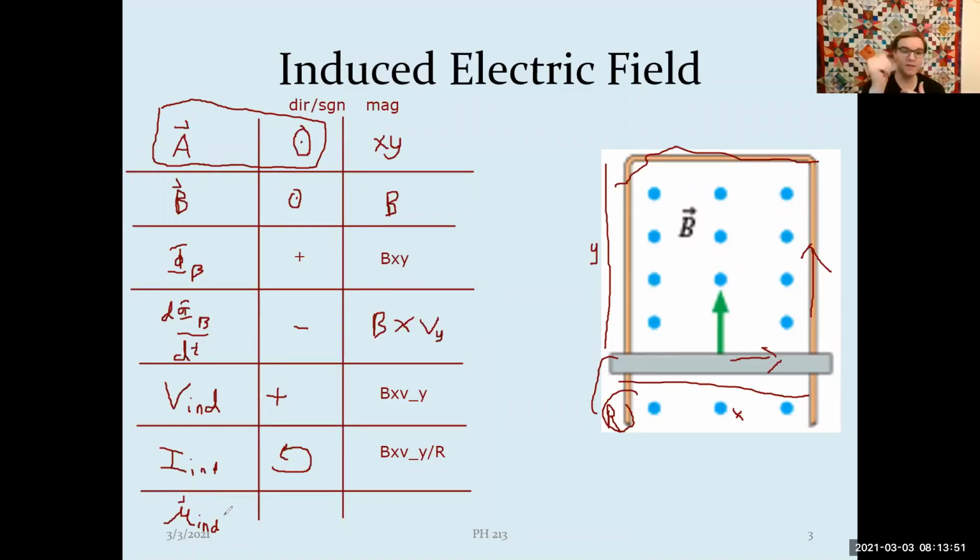Here I have a positive current going this way, so this is going to be an outward pointing magnetic moment. If you want to know how big that is, let's see. The magnetic moment size is I times A. So I would take this B X V sub Y over R and multiply by the area again. So I would actually get B X squared Y V sub Y divided by R.